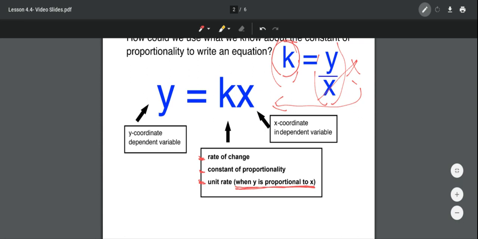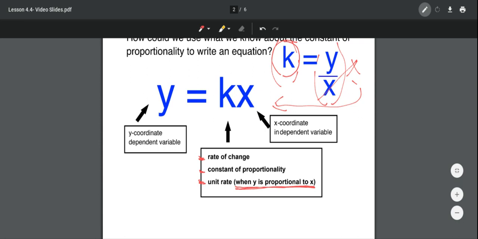Our y-coordinate can also be known as the dependent variable because it depends upon what x, our independent variable, is that will change that y when applying the rate of change.